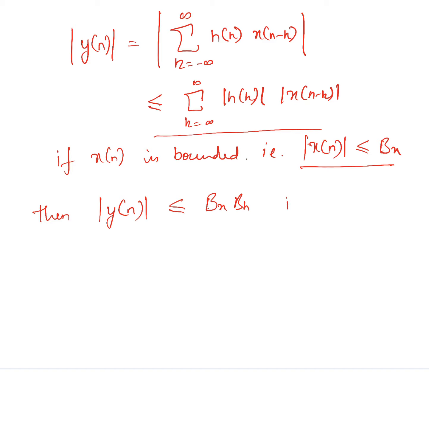So if we have Bh less than infinity, then mod of y of n would also be a finite number, because Bx is already finite. This is the proof for sufficiency: Bh less than infinity implies that your LTI system is BIBO stable.